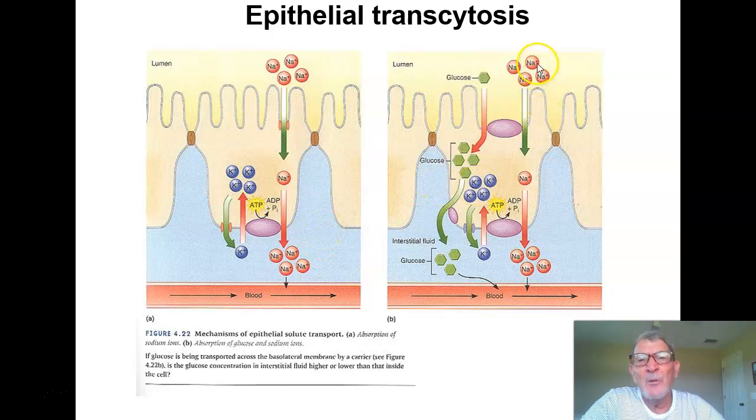Now we're pulling sodium hard enough that we can use this sodium to run a co-transporter to pull glucose in. And now that you've got a lot of glucose in, you can just open a hole here and let glucose go out. So you have an innie for the glucose here, and you have an outie here, and it's taking glucose from your intestine to the blood. And here you're using a couple of different mechanisms to get it in one side and out the other.